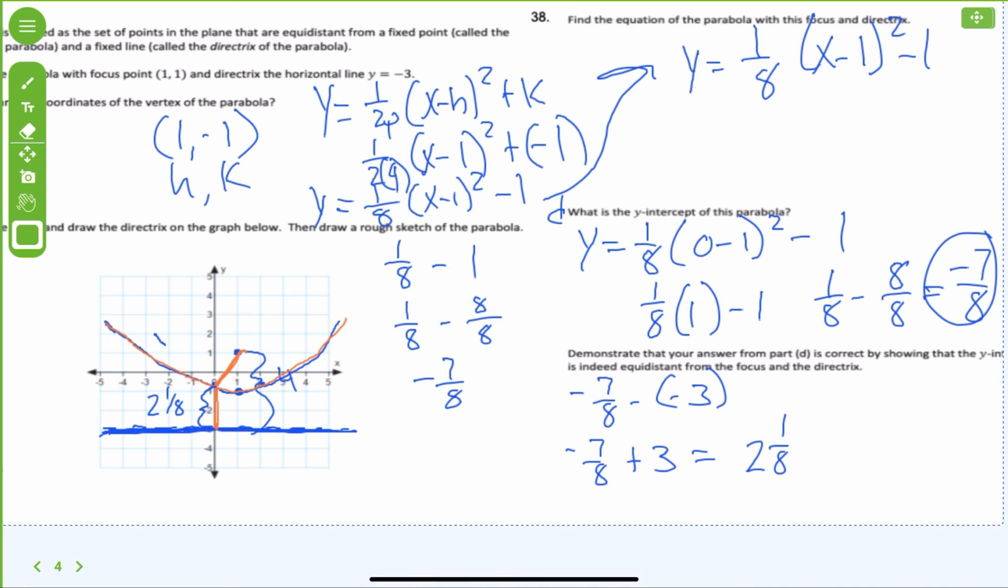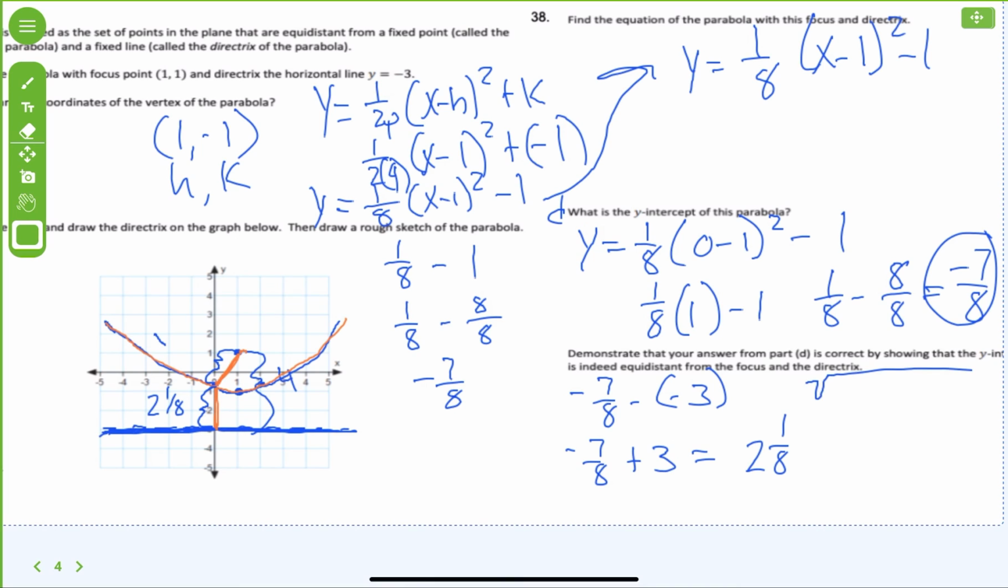Now, how are we going to come up with the distance between here and here, though? Well, we know the 2 points, so we can do the distance formula.